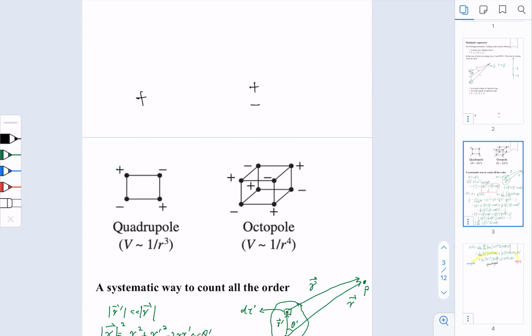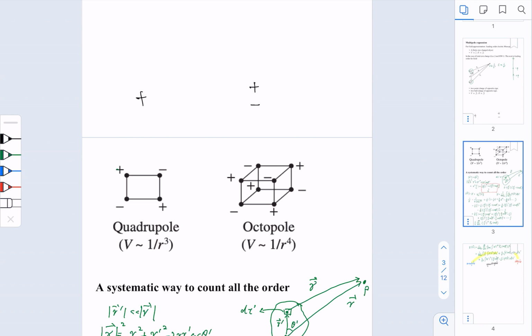So you have to construct it in a way such that the monopole term, the total charge, is cancelled. So that's how you construct the dipole. If you bring two close charges together, the total charge is 0, but there is a dipole term contributing to the system. And now if you want to go to the next step, you must have a system such that the dipole moment of the system is 0.